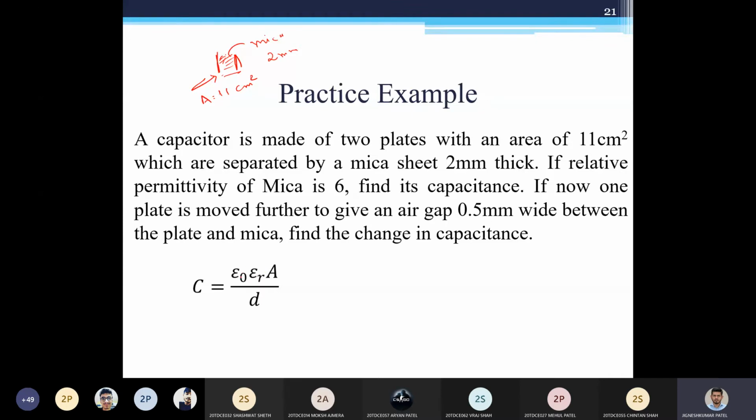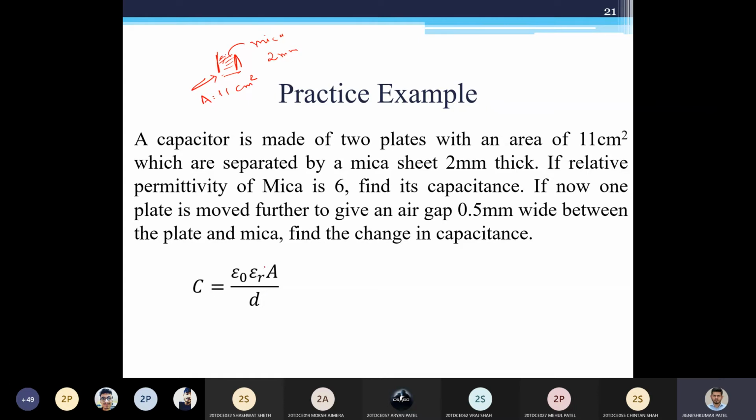Now see, epsilon 0 is in farad per meter, this area is in centimeter square, and your thickness is in mm. So you have to make sure all the units are the same.